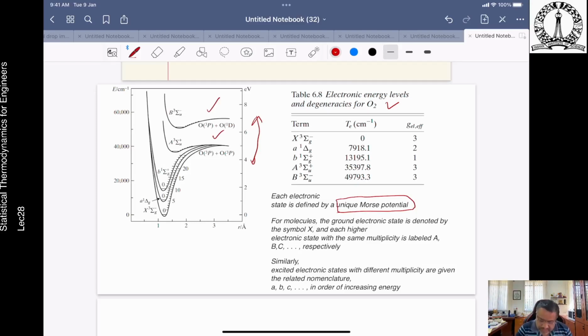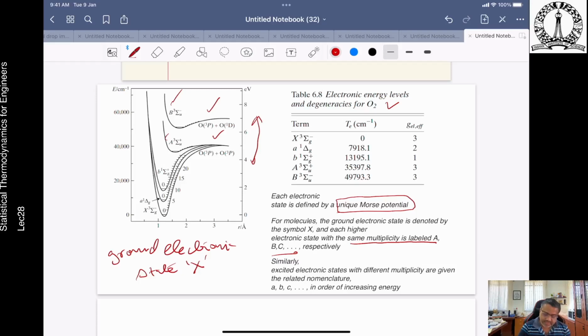The rule is that the ground electronic state is designated by X, and each higher electronic state with the same multiplicity is labeled A, B, C, etc.